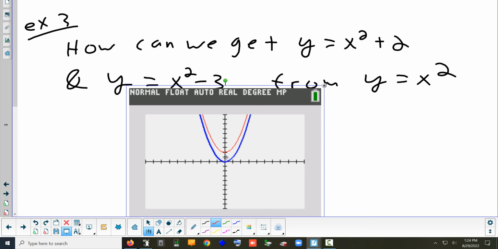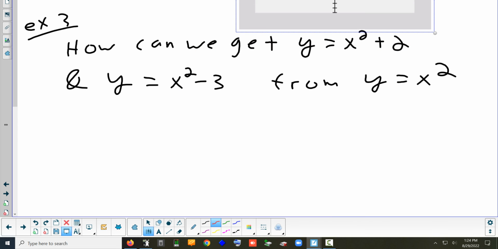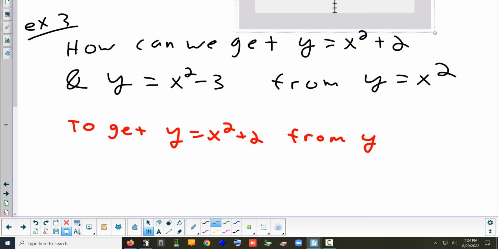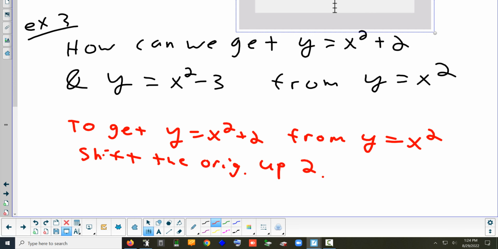It shifted up. Went up 2. So to get y equals x squared plus 2 from y equals x squared, you would shift the original up 2. That's how you would do it.